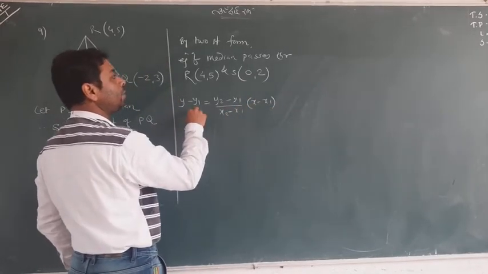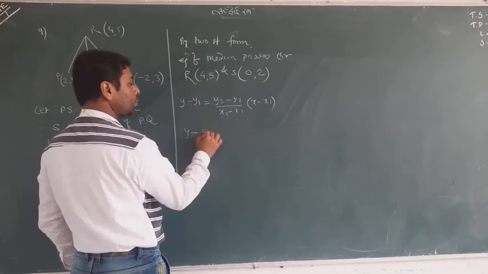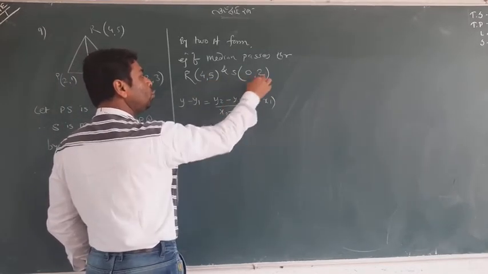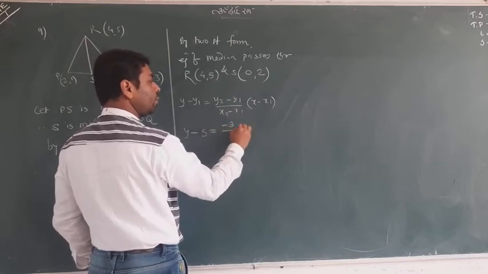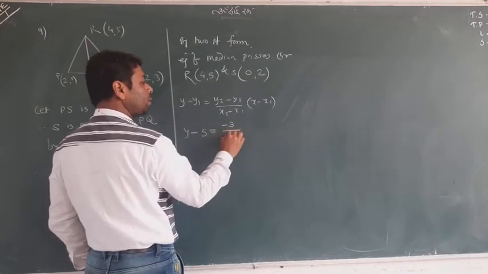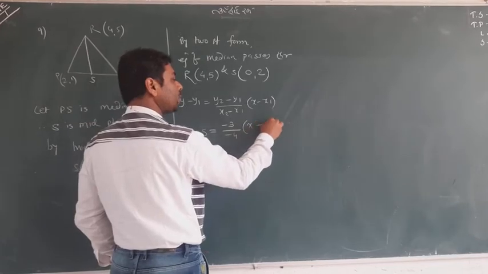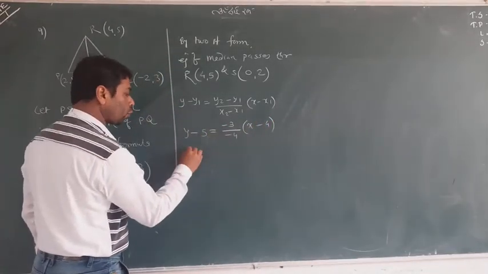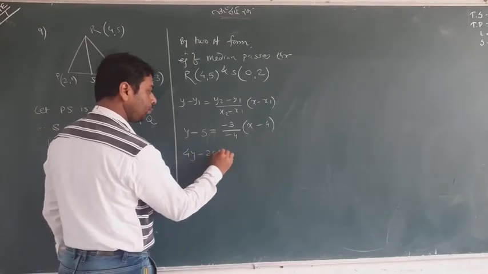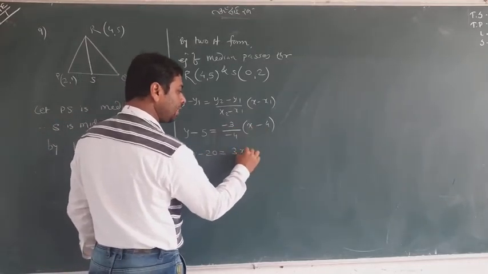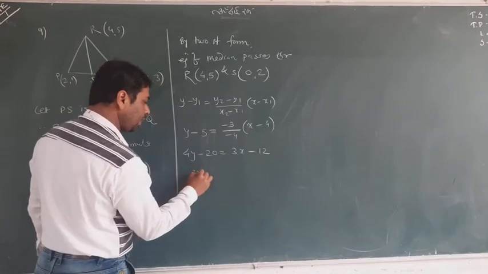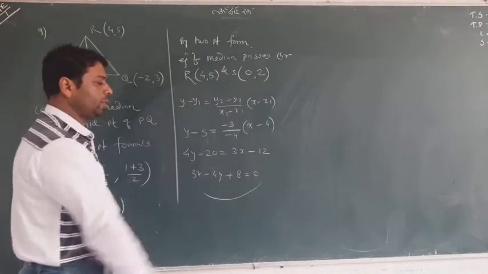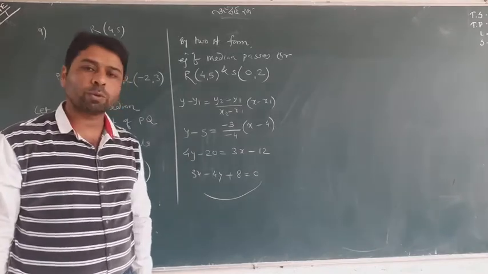Now y1 is 5. With x1, y1, x2, y2, we get y minus 5 upon x minus 4 equal to y2 minus y1, that is 2 minus 5, upon x2 minus x1, that is 0 minus 4. Both minus signs will cancel, and 4 will cross multiply here. 3 will multiply inside, and lastly the answer will be given just by transposing: 3x minus 4y plus 8 equal to 0.